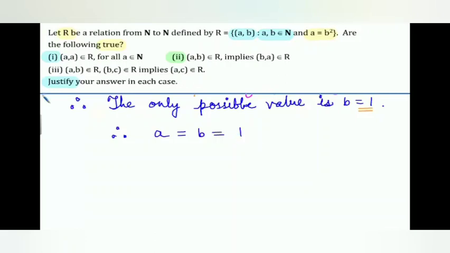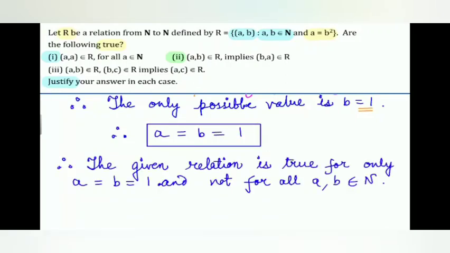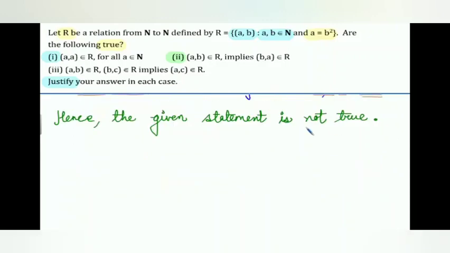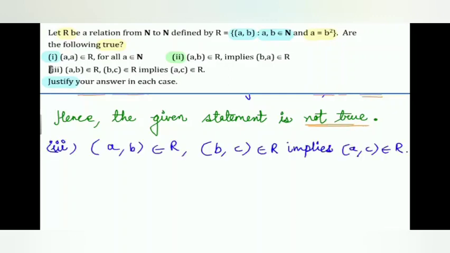So a = b = 1. But the given relation is true only when a and b are both 1, not for all a, b belongs to N. Our statement is (a, b) belongs to R implies (b, a) belongs to R, so it's false. Hence the given statement is not true for all. It's only true when a and b both equal 1.